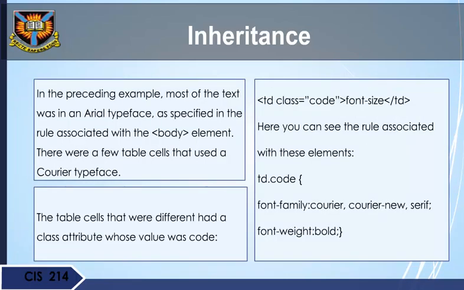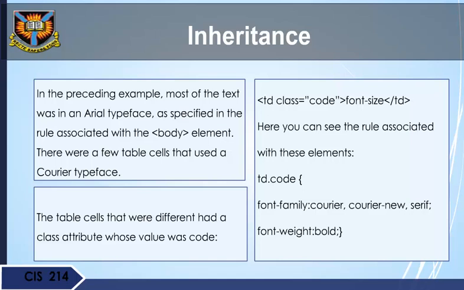In the preceding example, most of the text was in an Arial typeface as specified in the rule associated with the body element. There were a few table cells that used a Courier typeface. The table cells that were different had a class attribute whose value was code: <td class="code">font-size</td>.